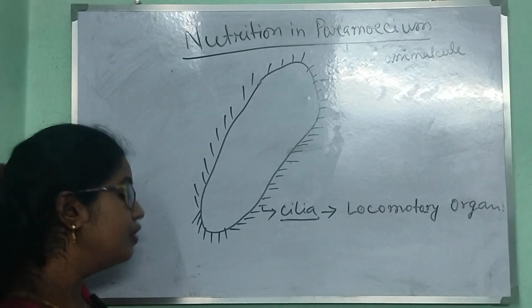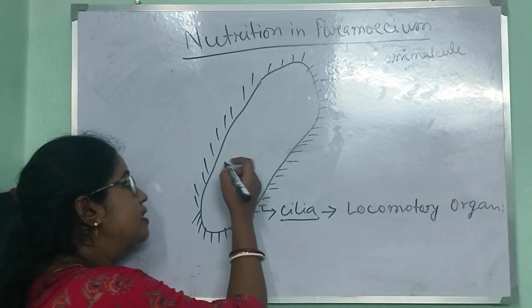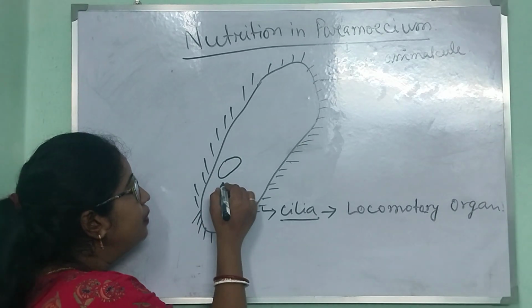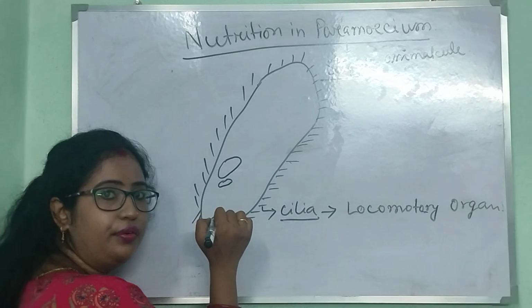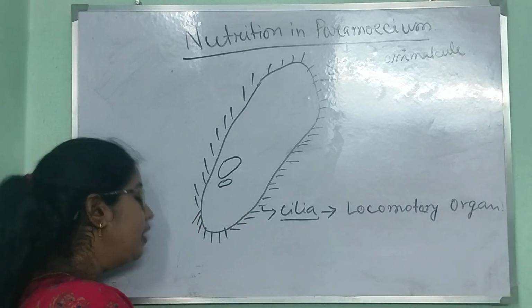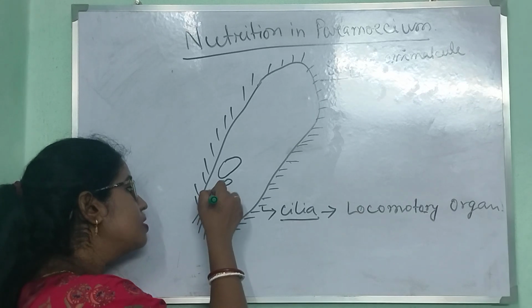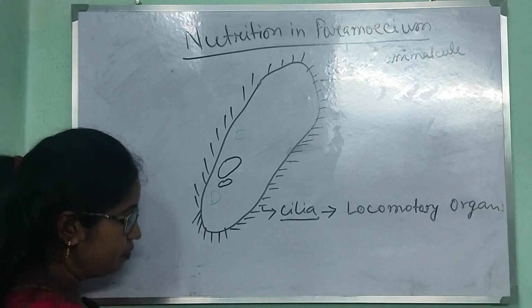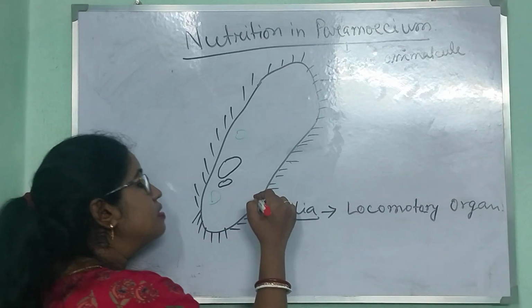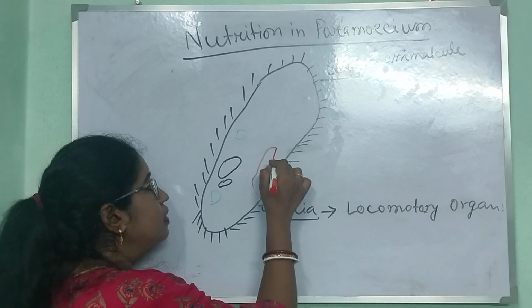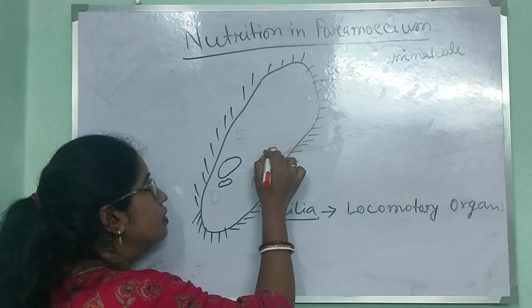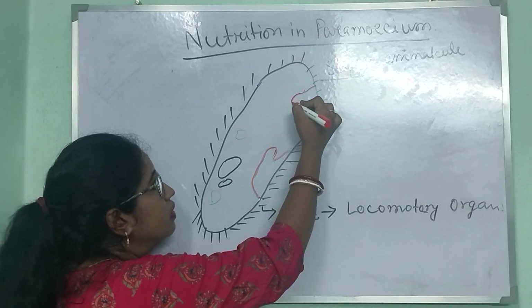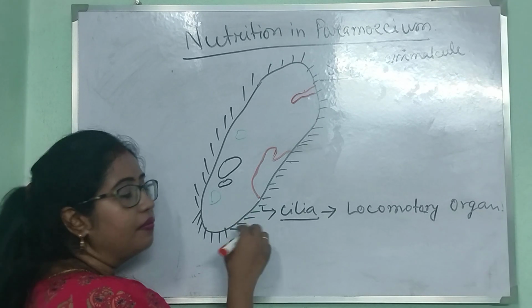Then it has two nuclei inside its body. A big nucleus, it is known as macronucleus. A small one known as micronucleus. It also has lysosomes in its body, and it has this kind of structure in its body surface.